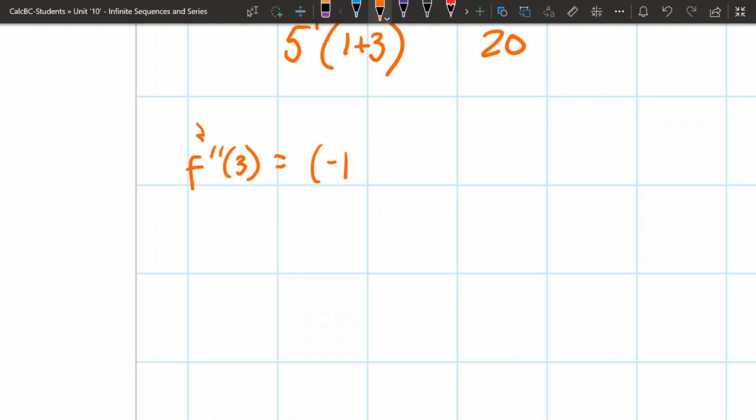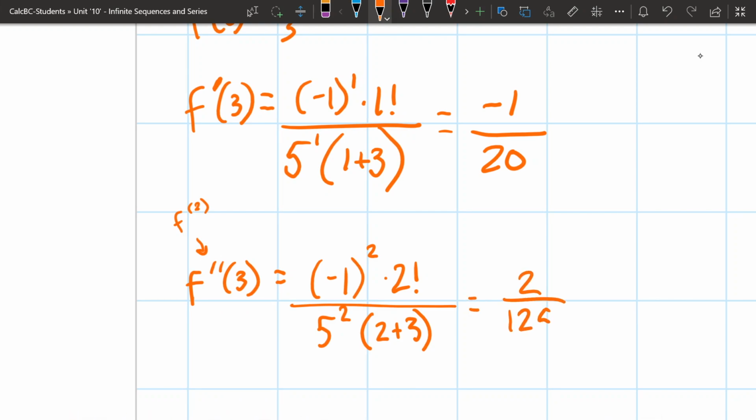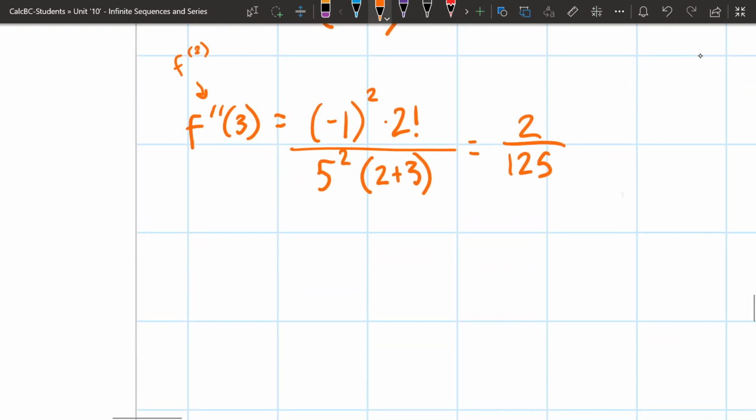You could even write this as f parentheses 2 if you wanted to jump the gun on what that n value is, to make it a little clearer to yourself. I'm okay with either way. All right, plugging in n equals 2. Simplifying, we get 2 over 125. I'm going to go ahead and find the last two.